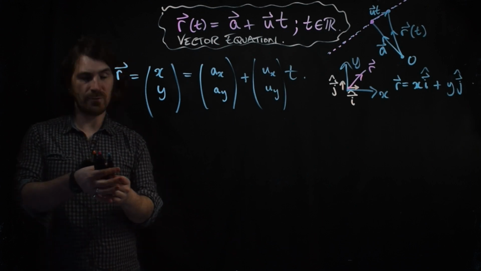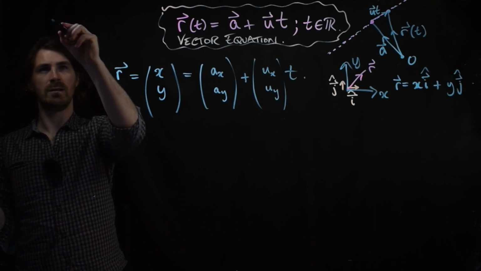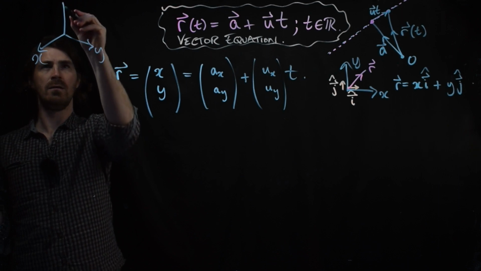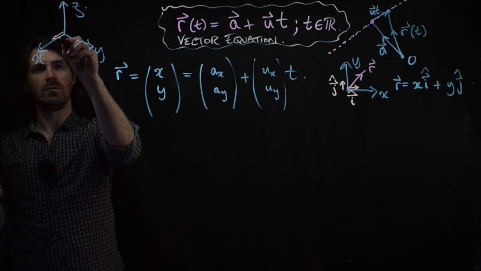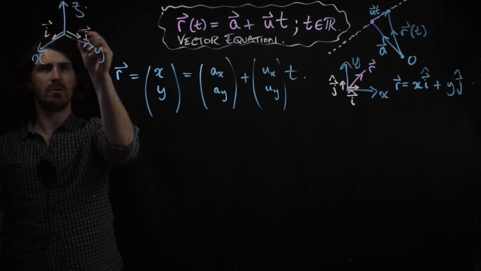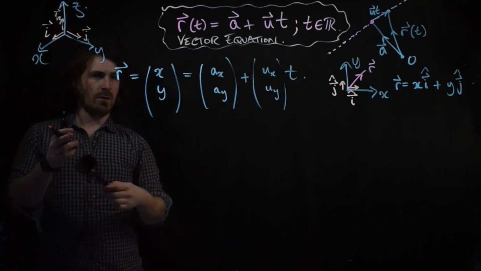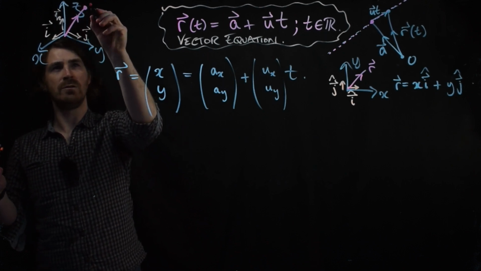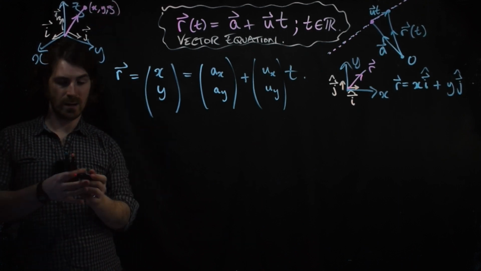Okay, but if we move to 3 dimensions, let me draw a 3-dimensional coordinate system. Let's have x, y, and z. Then we've got unit vectors i, j, and k. They're our basis vectors. And our vector r, which is at now x, y, z, has 3 components.